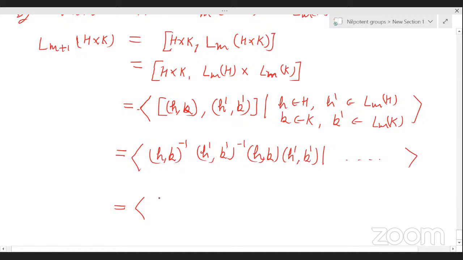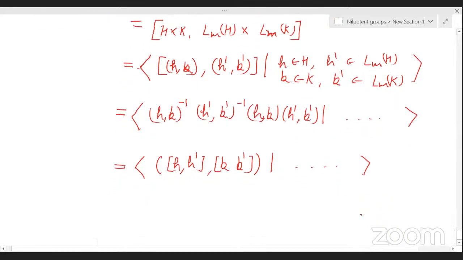So we can write it as the bracket [h,h'] commutator, and in the second place [k,k'] commutator, such that h belongs to H, k belongs to K, h' belongs to L_m H, and k' belongs to L_m K. Okay, I hope there is no problem till now.